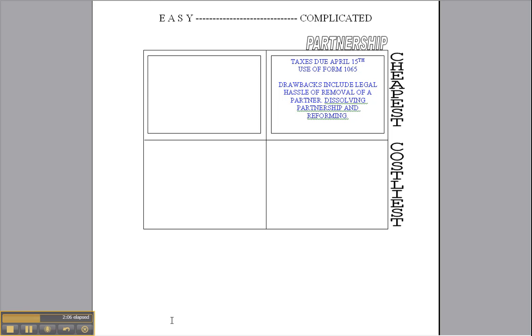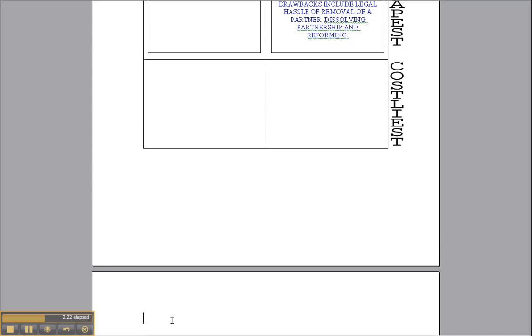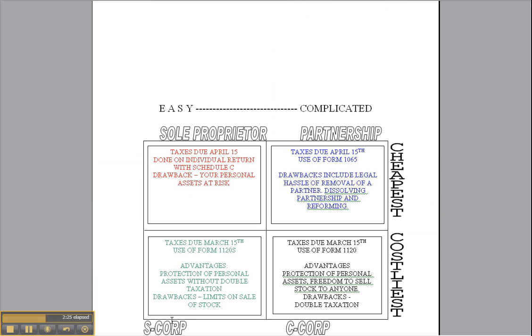And then you have to reform the partnership as another organization with someone else, or just have it be a sole proprietorship. That gets to be very expensive later on, so I usually don't recommend partnerships. If you are a married couple, sole proprietorship, both of you can be on the sole proprietorship.